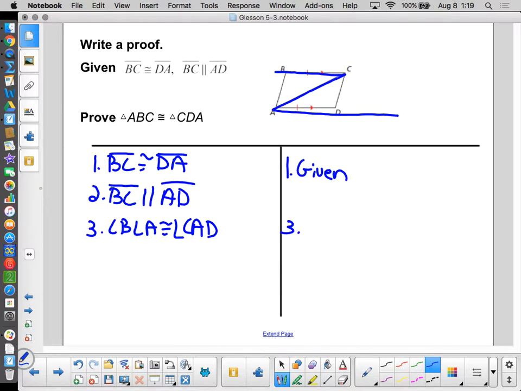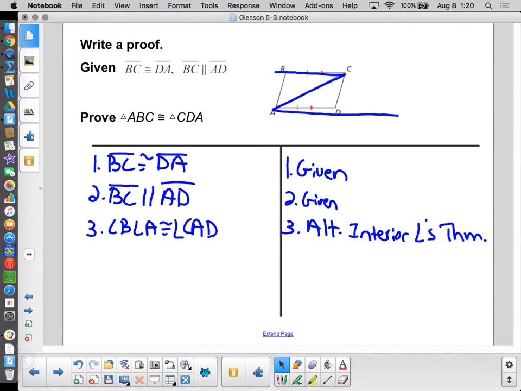And the reason is alternate, oh, this is also given, by the way. Alternate interior angles theorem tells us that if 2 parallel lines are crossed by transversal, their alternate interior angles are congruent. I told you this stuff from chapter 3 was going to keep coming back. Here it is.